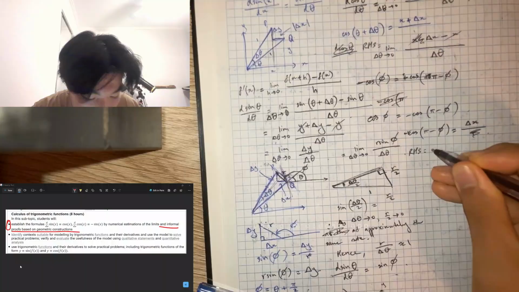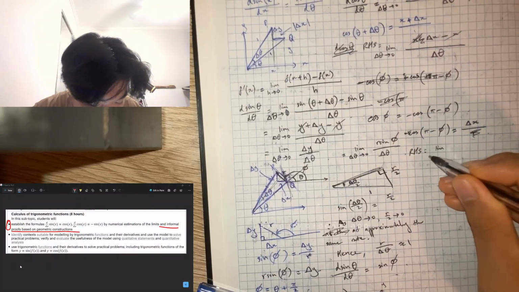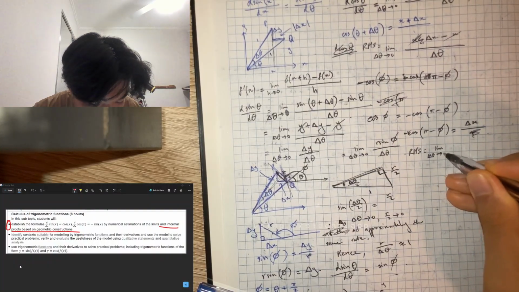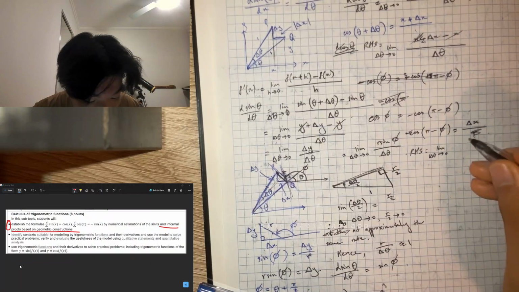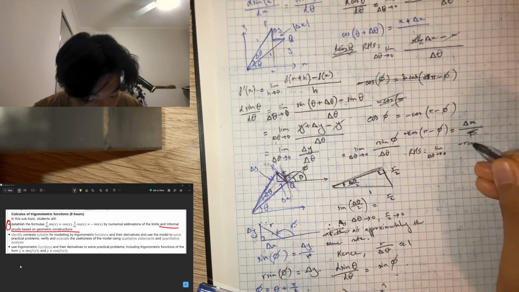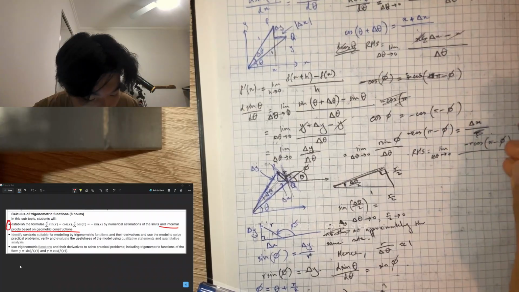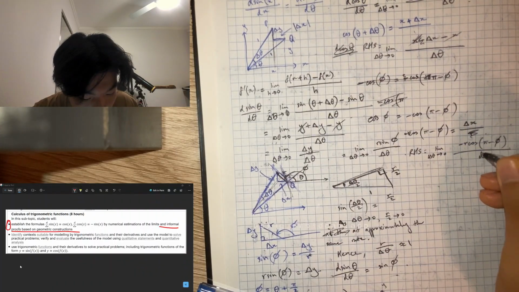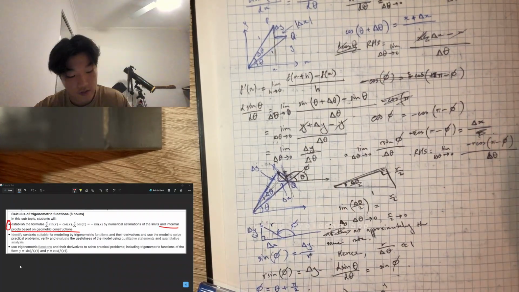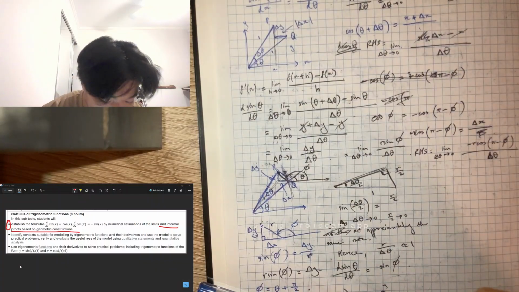So the right hand side limit. Okay, so it's negative r cosine pi, like that. I don't know if this is correct. Not too sure.